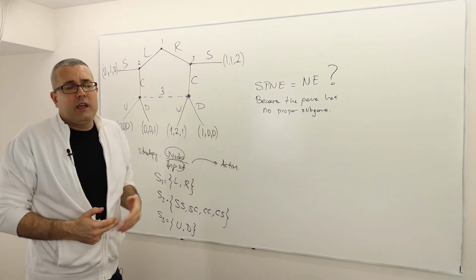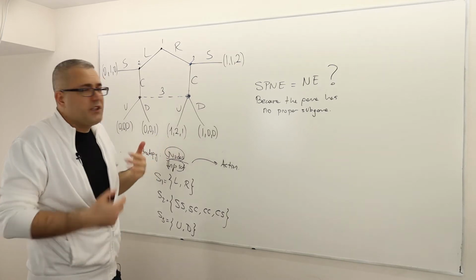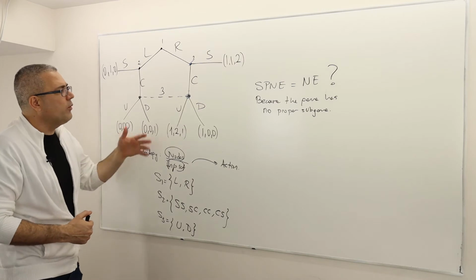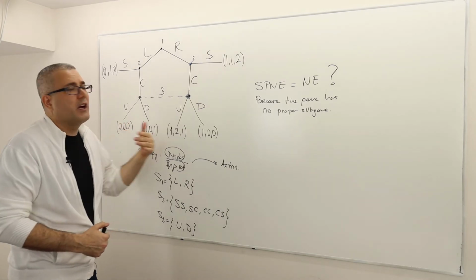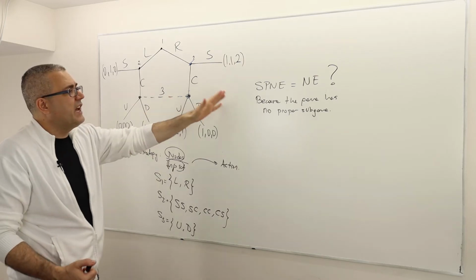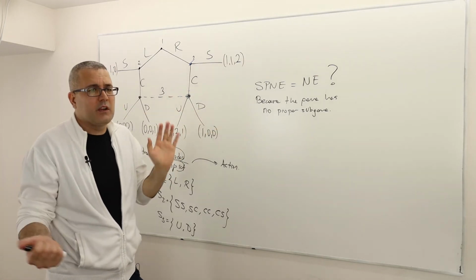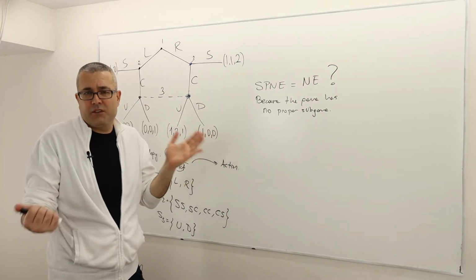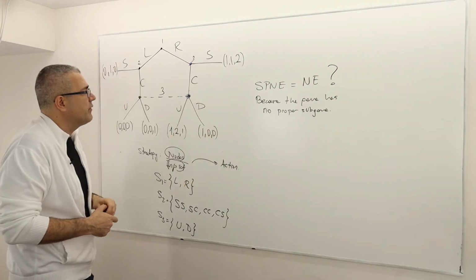So that's one way. The alternative, which is what I'm going to do, is that I'm not going to find all Nash equilibria, but I'm going to talk about a few strategy profiles and check if they're Nash equilibria or not. Once again, Nash and SPNE are the same thing, so I'm not going to say anything particular to SPNE, because again, they mean the same thing.